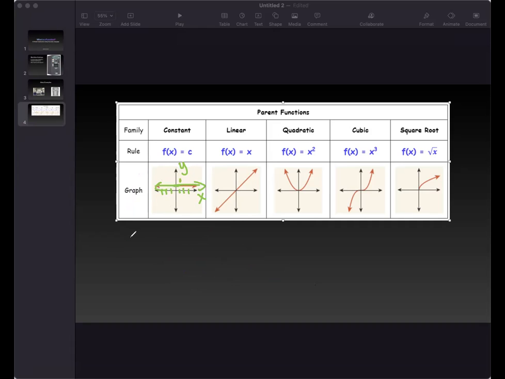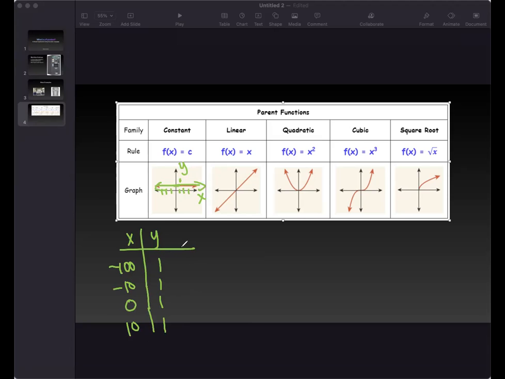If I were to do an xy table for this function, if I put in negative 100, I would get 1. If I put in negative 10, I would get 1. If I put in 0, I would get 1. If I put in positive 10, I would get 1. I think you get the point. That's why it's called the constant function, because you're always getting out just a number from that function.